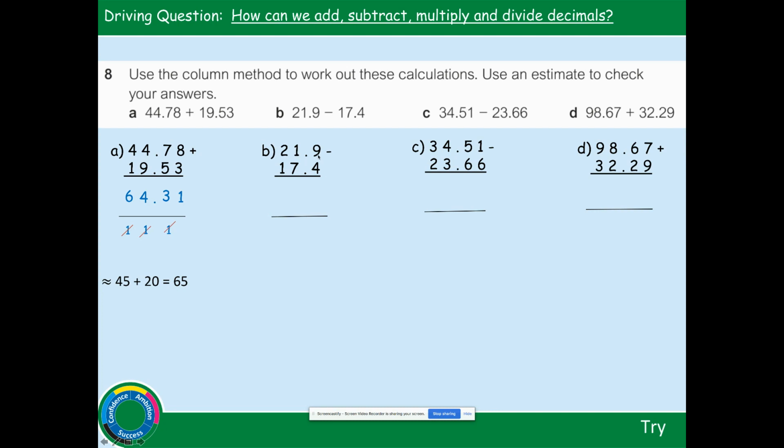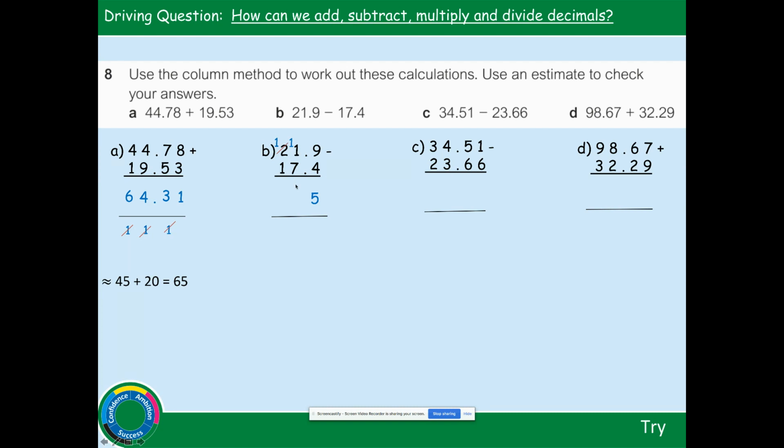Okay, so here we've got 9 subtract 4 is 5. 1 subtract 7. I can't do that. I've only got 1 and I can't take 7 away. So I need to come next door. I'm going to use one of these numbers. So I'm going to cross it out and take 1 away from there. So 2 take away 1 is 1. And I'm going to put the one that I've used over here.